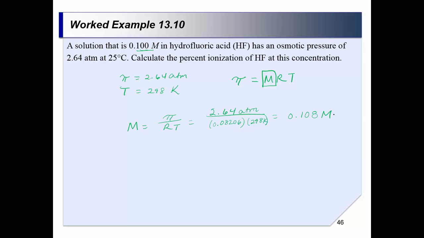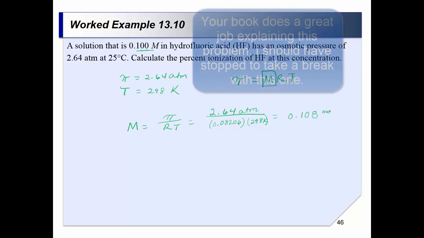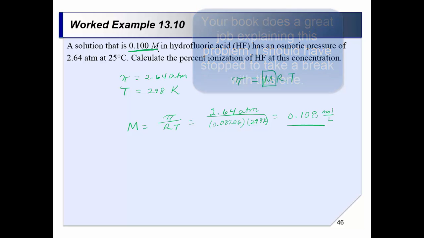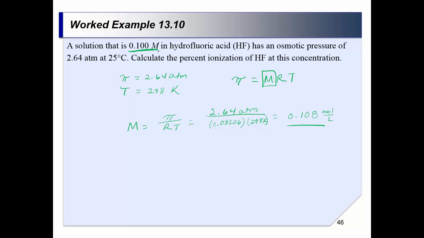It might be easier if I write out moles per liter rather than give you the capital M. So the concentration of the dissolved particles is 0.108 moles per liter. In this case, the difference between the concentration of particles that we calculate and the concentration of our beginning solution, that difference is the number of particles that we have, the number of ions.